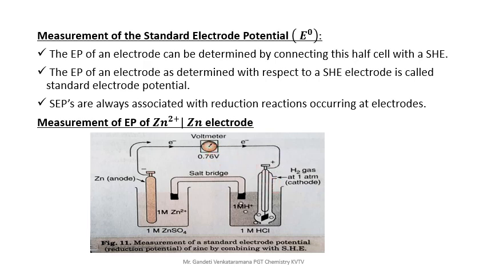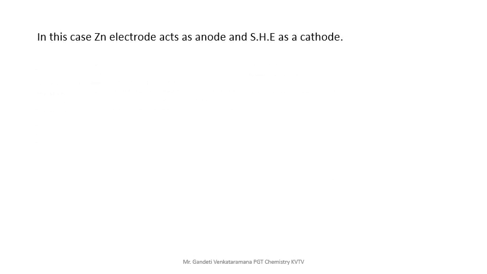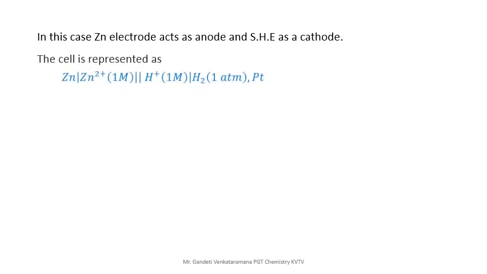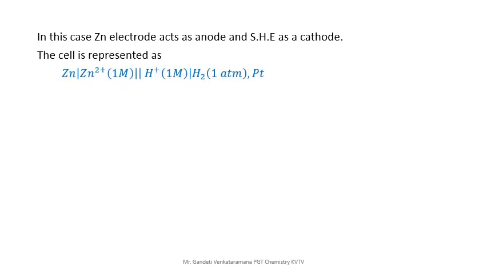Clear? In this case, the zinc electrode acts as anode and the SHE, standard hydrogen electrode, as cathode. The cell is represented as, this is the cell representation.